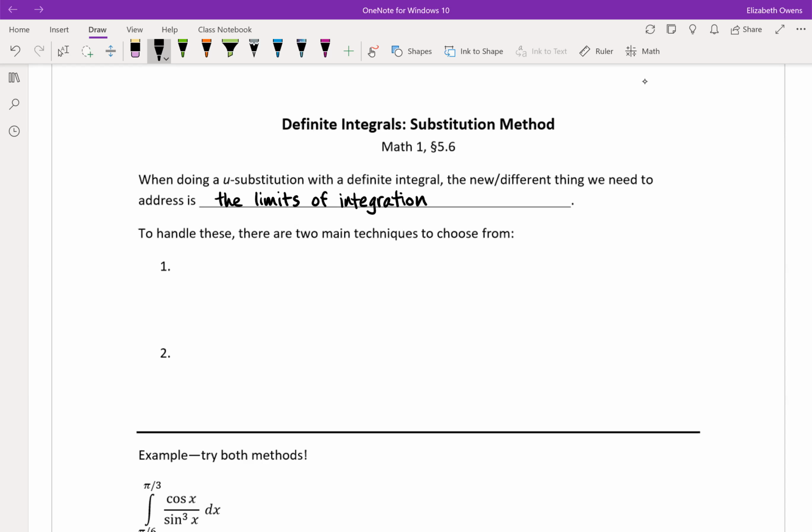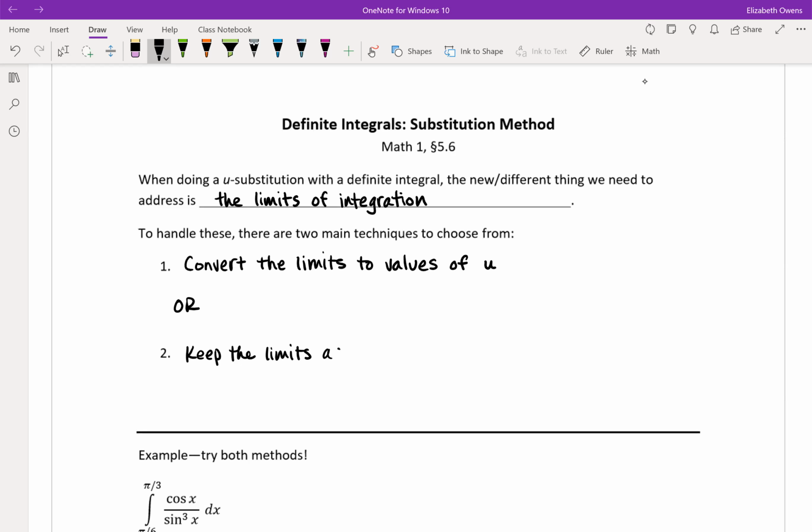You can either, number one, convert your limits to values of your new variable u. Or number two, keep the limits in terms of the original variable.